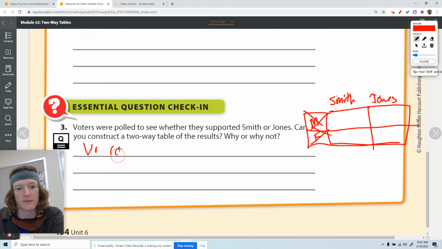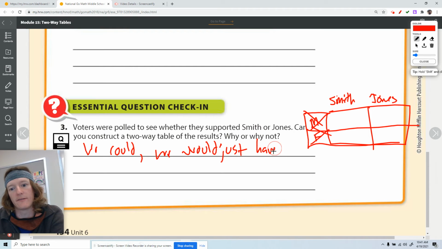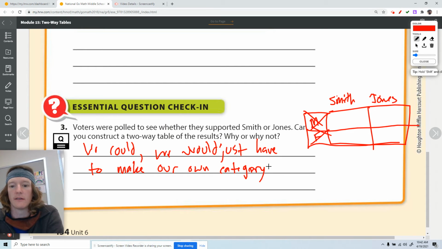So we would just have to make our own category for the other variable.